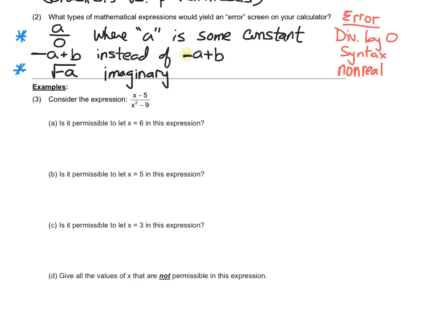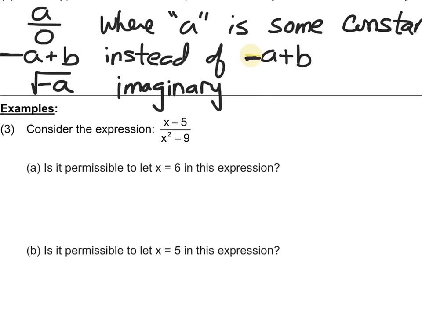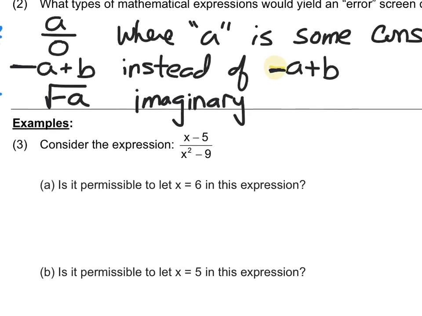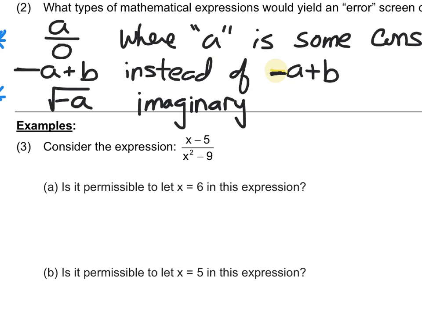Expressions are just algebraic relationships that are not necessarily parts of equations. So we start with that and then we build them into equations and then go from there. So in number 3, it says consider the expression x minus 5 over x squared minus 9. Is it permissible to let x equal 6 in this expression?